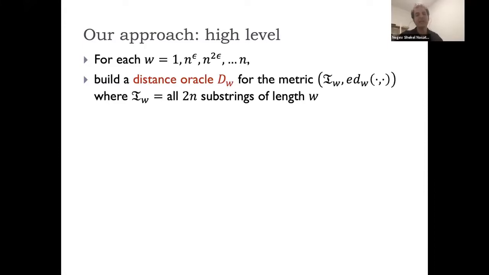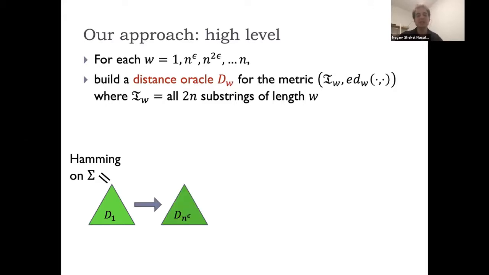And each time we build a distance oracle, d sub w, for the metric of all intervals, right? All substrings of length w, giving something that is approximately their edit distance. So here's how it works. The first distance oracle is very simple. You can use hashing or just use the Hamming distance on sigma, which is simply 0, 1, and you get the distance oracle for size 1 intervals.